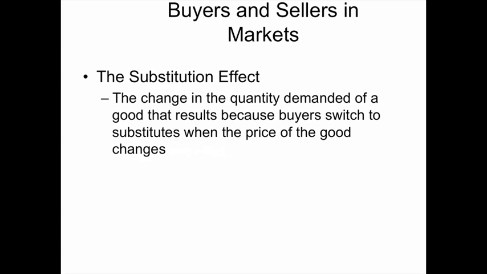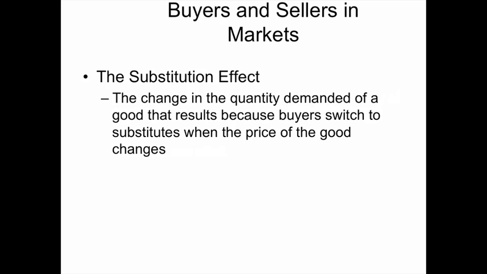The substitution effect basically says a change in the quantity demanded of a good occurs because a buyer, or buyers in general, will switch to a cheaper substitute when the price of a good changes. So if the price of tea falls and people like tea and coffee about the same, they will be willing to buy more tea and less coffee.